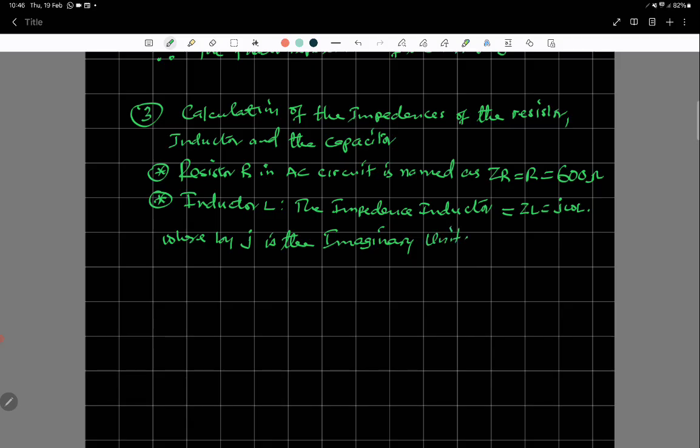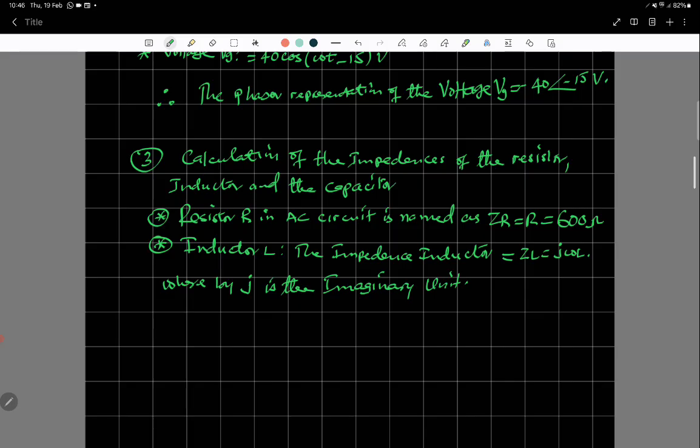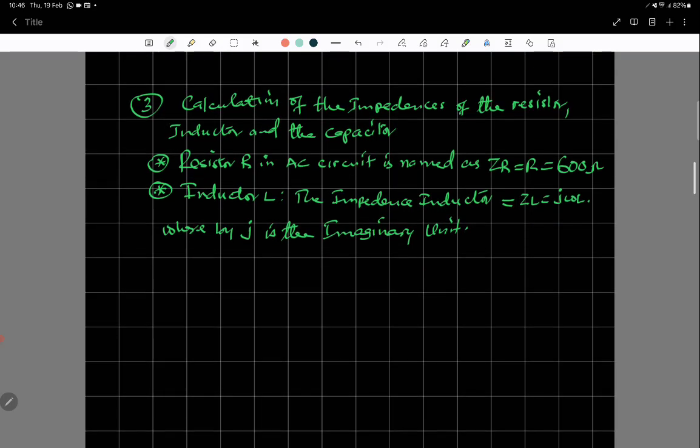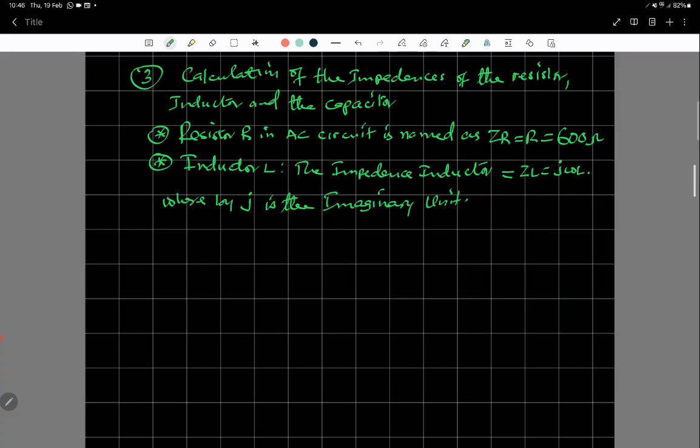Hope you have done complex numbers, but now complex numbers are coming into this topic because of the difference between the current flow and the voltage, because the voltage, as we have said earlier, lags the current by 90 degrees.